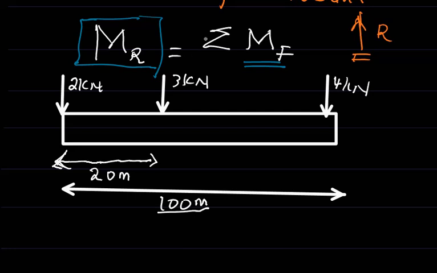So invariably, the distance of the 3 kilonewton to the end of the beam is going to be 100 minus 20, which of course is 80 meter.